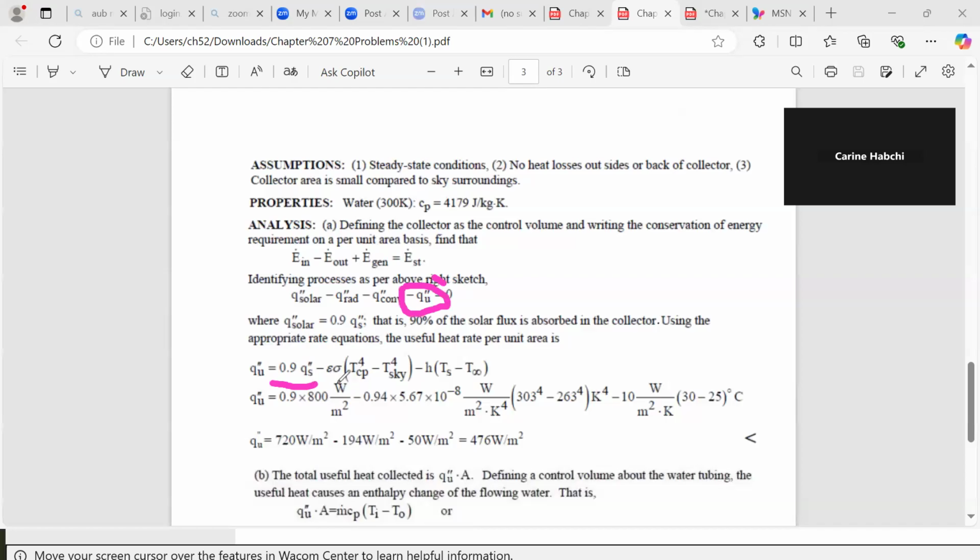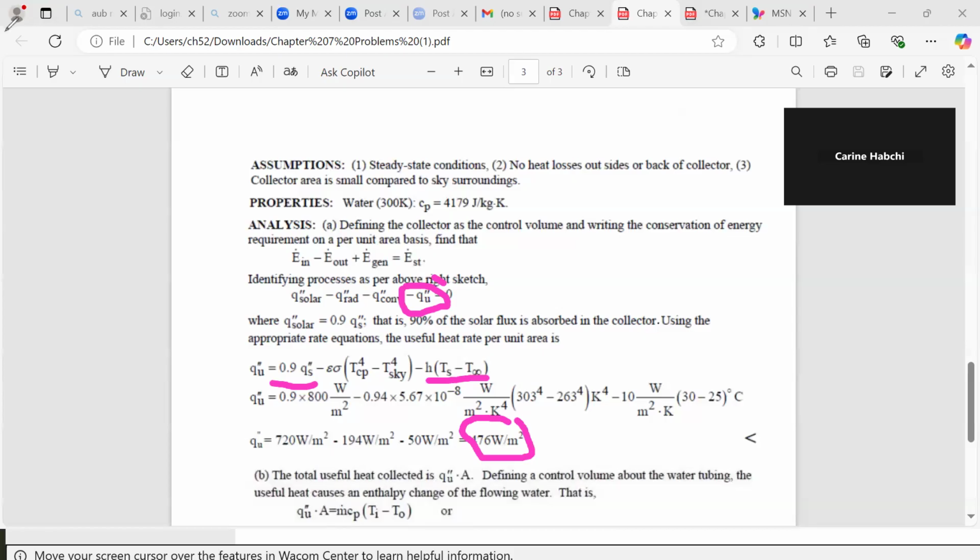For radiation, it's epsilon sigma (T surface of glass to the power 4 minus T sky to the power 4), minus h times (T surface minus T infinity). Then I can calculate the useful flux in watt per meter square. Once I obtain this useful flux, it will be transferred to water to increase its temperature. So Q double dot times area of the collector is equal to m dot Cp delta T.